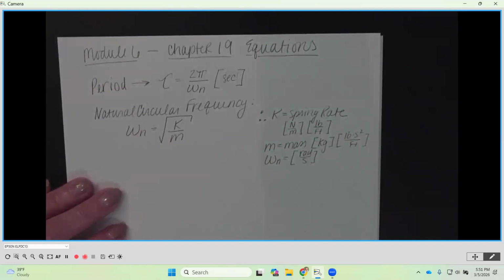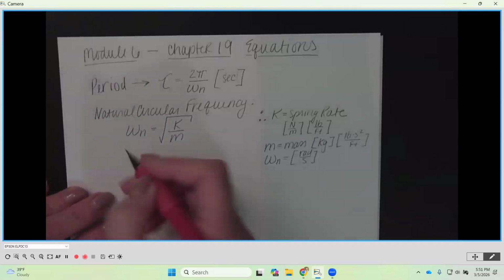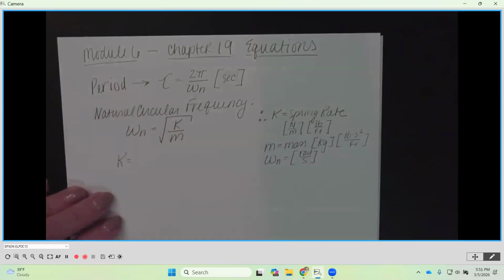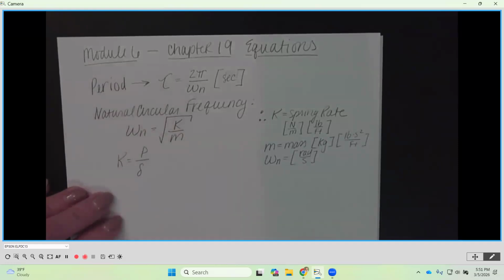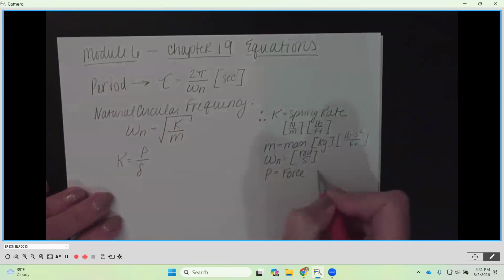All right. Now, spring rate, just to remind us, even though we've had it before, we know that spring rate is going to be force divided by deformation. So P is going to be force, which we know to be newtons or pounds.